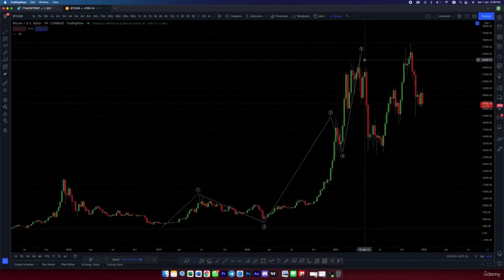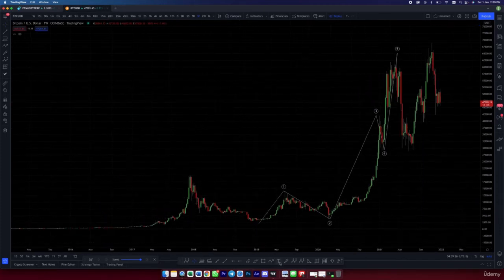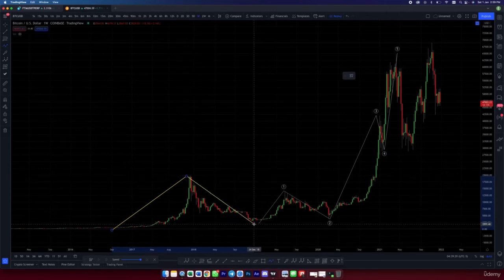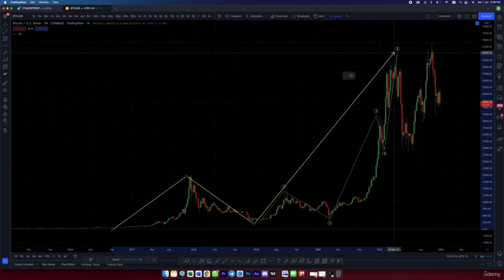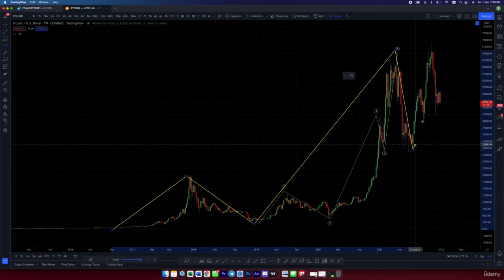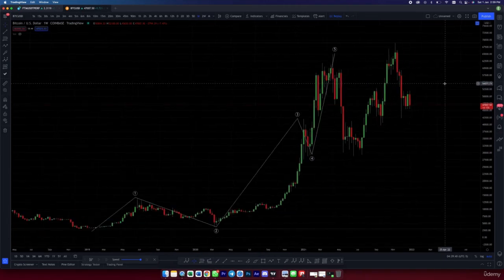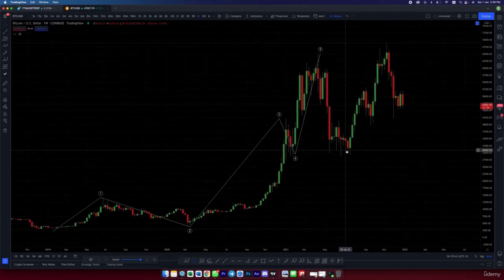So this was wave 1, this was wave 2, 1, 2, 3, 4, 5, this was wave 3. This cannot be wave 4 and this cannot be wave 5. The reason being that we have only seen A in here, there is no B.